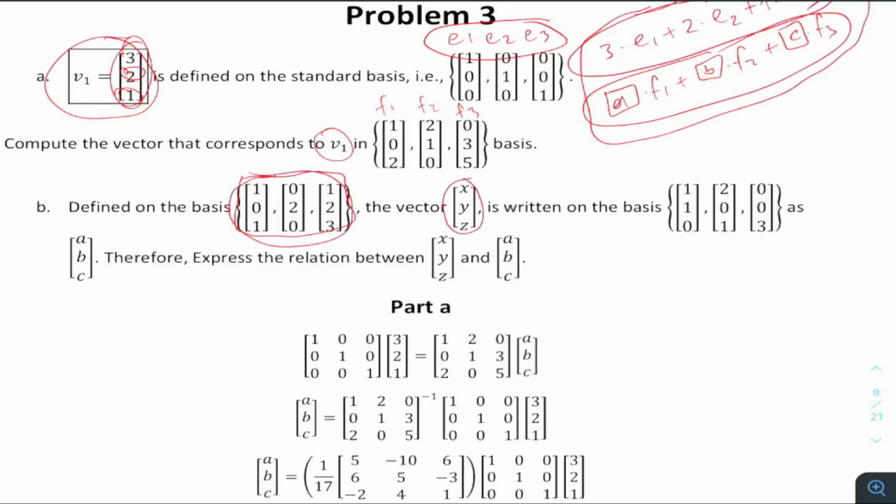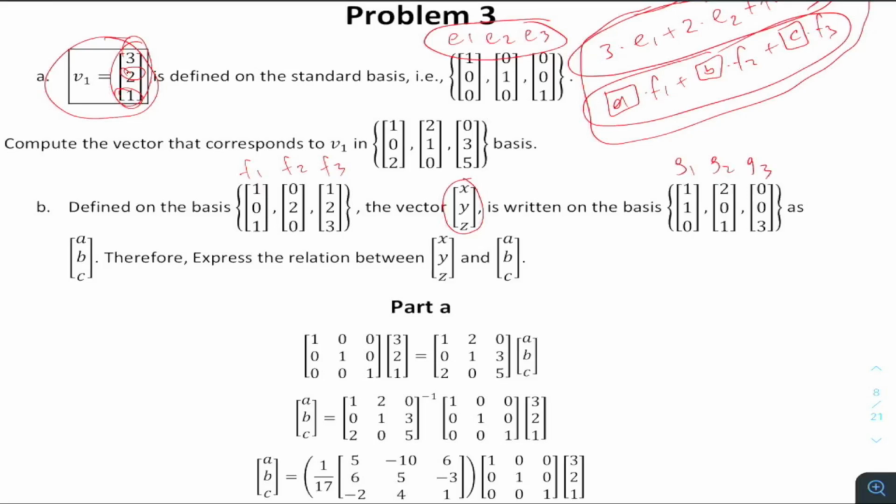Here, this is the basis where the xyz vector is defined, and this is another basis, and this vector is defined on that basis. Let's call them F1, F2, and F3, and let's call the other ones G1, G2, and G3.